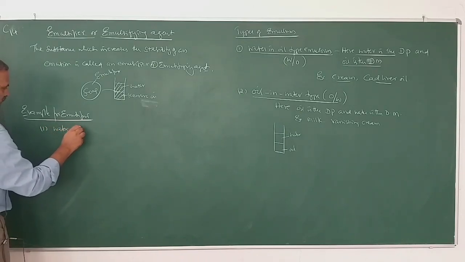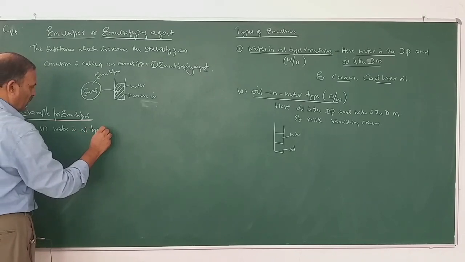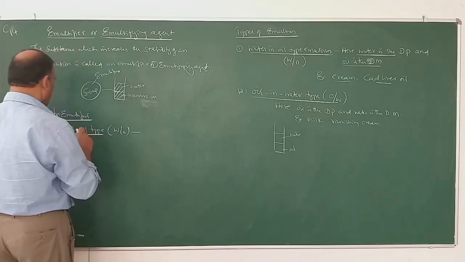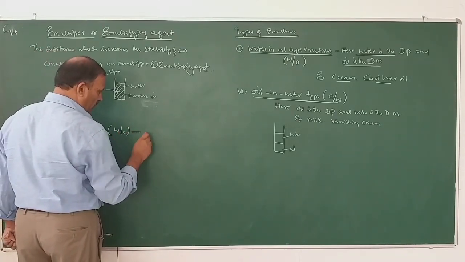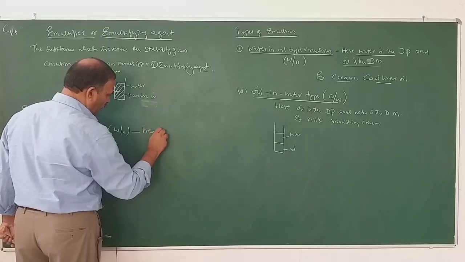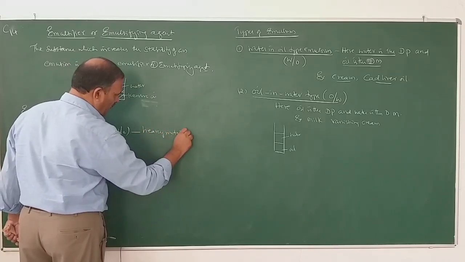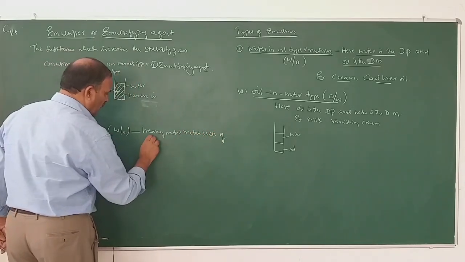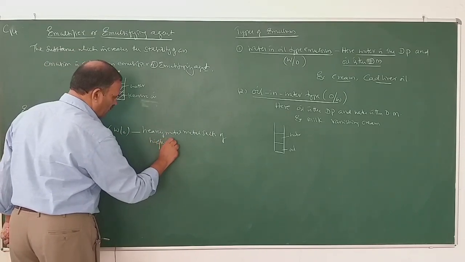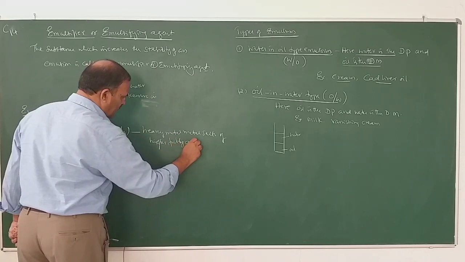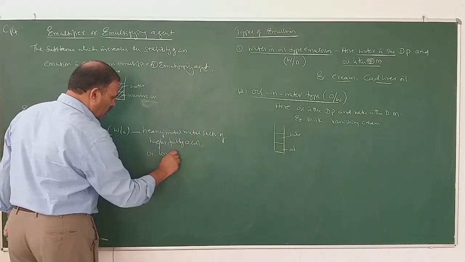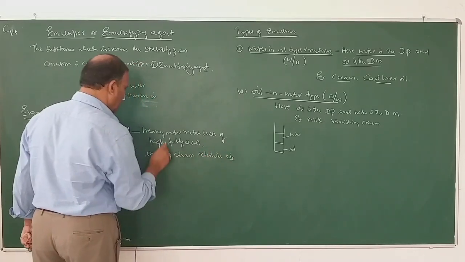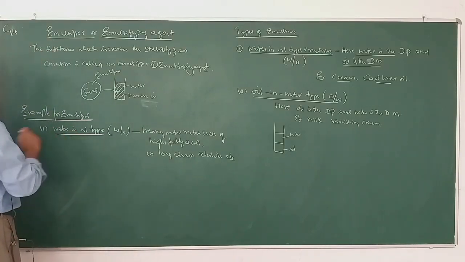For water in oil type emulsions, the emulsifiers are heavy metal salts of higher fatty acids, and long chain alcohols, etc.